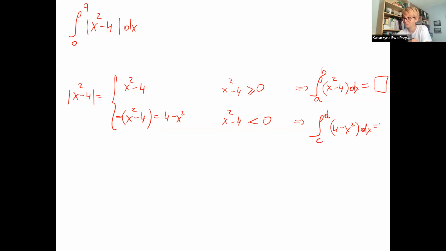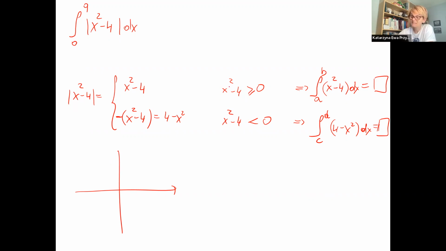And that number will give us the answer, but finding the limits all depends on whether from 0 to 2 is positive and from 2 to 9 is negative, or the other way. We don't even have to solve this quadratic inequality. What's the shape of the function, a quadratic function?